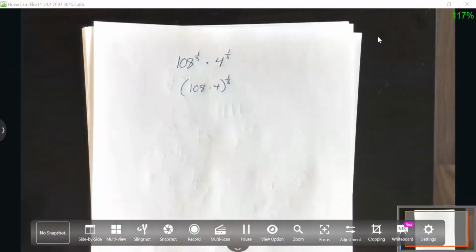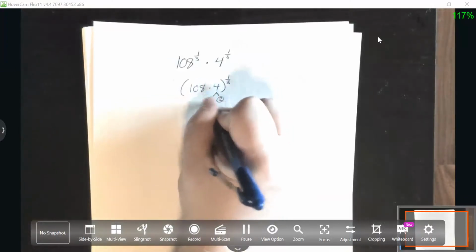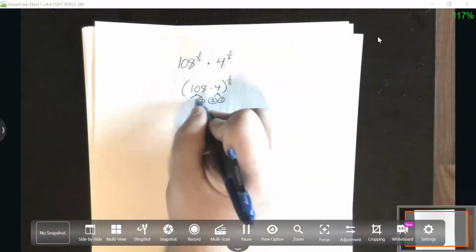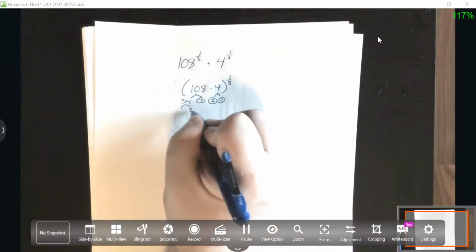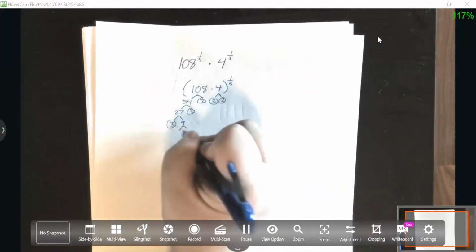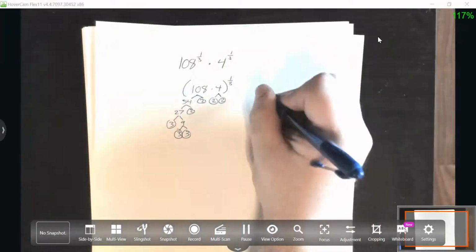Now that I've written it like this, I can do my prime factorization on both of them. Those are 2's. 108 is a 2 and a 54, which is a 2 and a 27, 9 and a 3, 3 and a 3. So we've done a prime factorization. Now, if we can remember that that 1/3 power means a cubed root, we can go straight to that. If we can't, maybe it's better if we write it out.